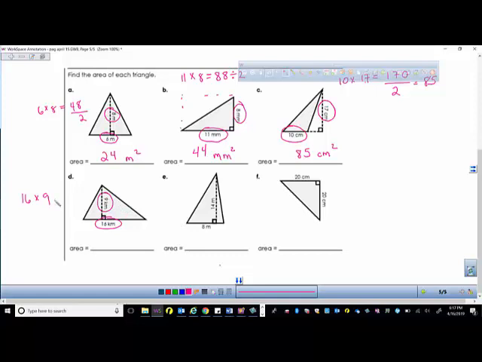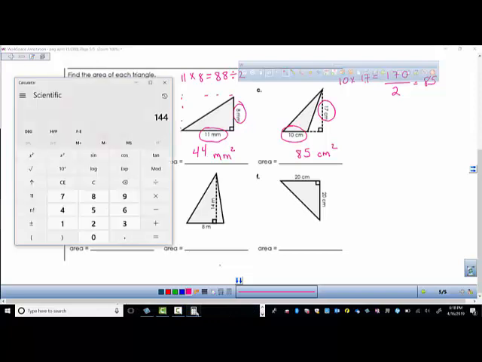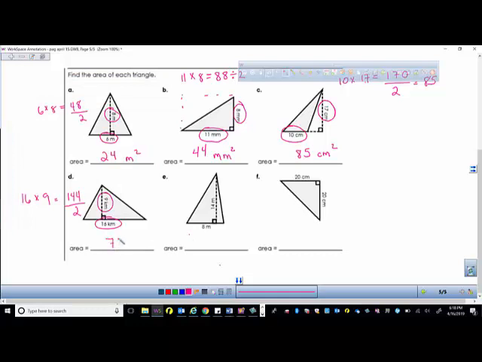So I get 144, but it's a triangle, so I have to divide by 2. So if I take 144 divide 2, I get 72 square kilometers.